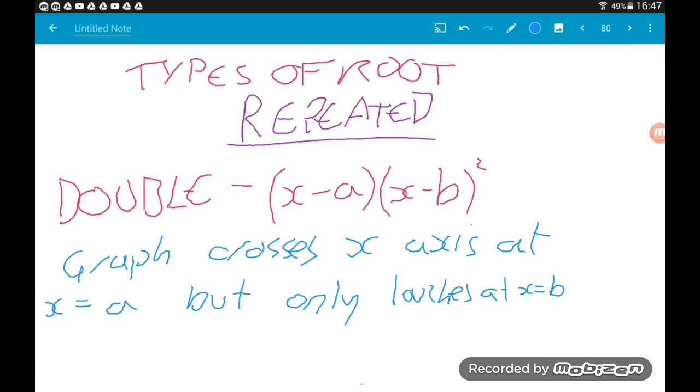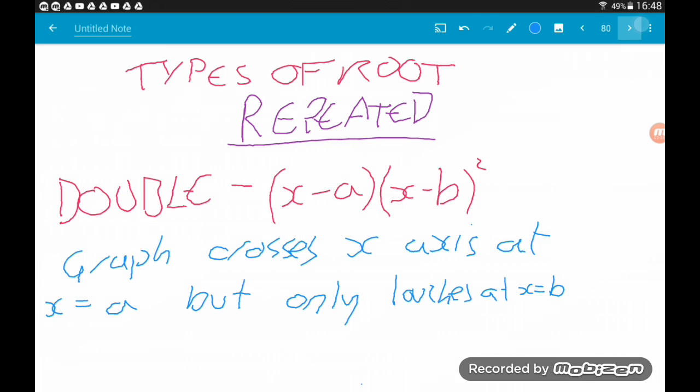When we have a double root like this, when x is equal to b, the graph does not cross the x-axis, it just touches it and then turns around. Here it will cross at x equals a, but at x equals b, it will touch it and then turn around and go away again.